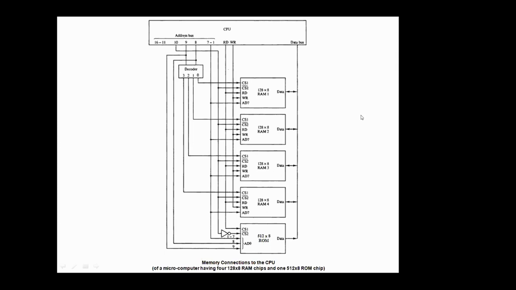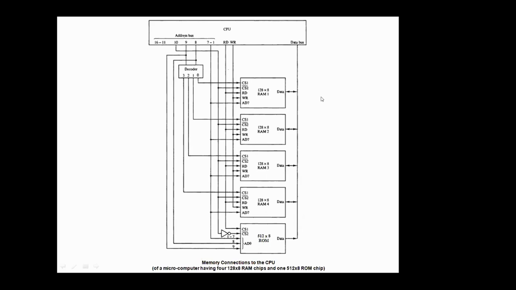What is the layout of buses between the two? So there will be obviously three kinds of buses. There will be the control buses like read/write, where the CPU will tell the main memory whether to read or to write.